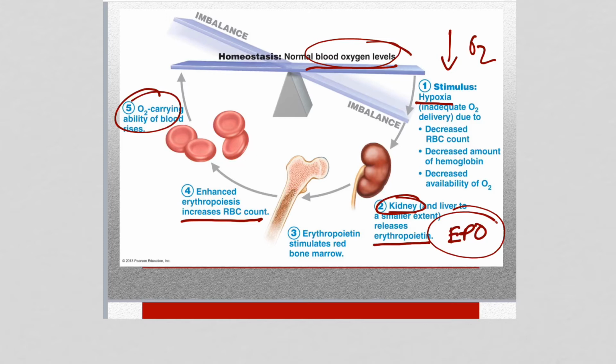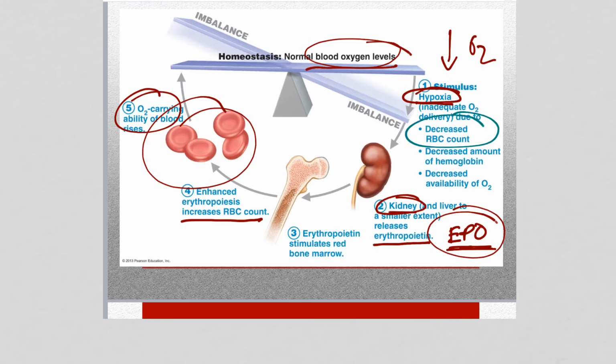What I mean by that is when the cells experience hypoxia, the response is going to be to release erythropoietin and produce more red blood cells, even if the cause of the hypoxia is not because there's not enough red blood cells. There are other different causes of hypoxia. So, for example, it could be due to a decreased amount of red blood cells.